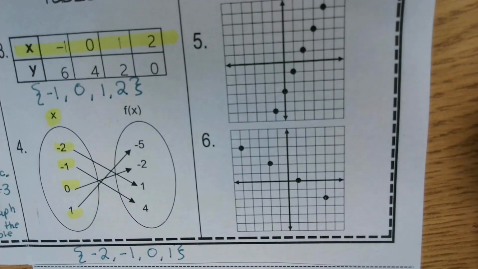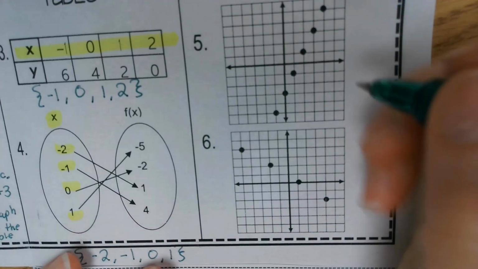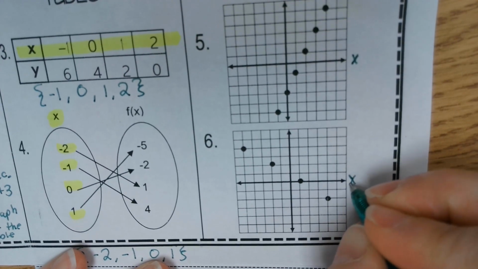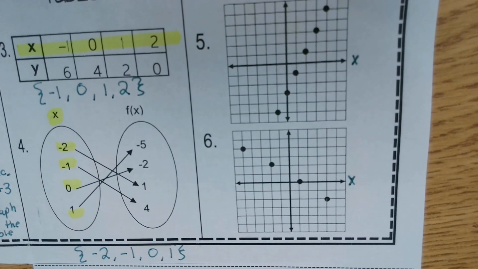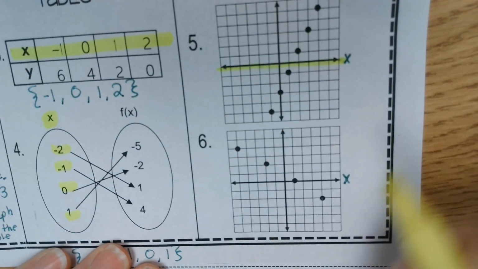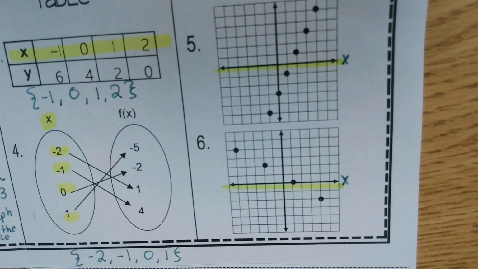The graph. The graph, we just want to know the x values, right? So I'm going to label the x-axis on both of these graphs. And go ahead and highlight the x-axis. Because discrete is just the x values of the points for the domain.